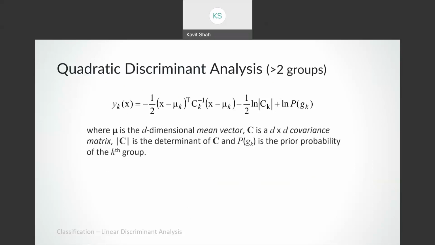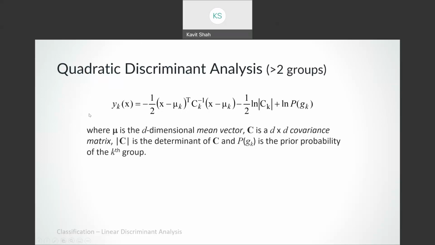So we could extrapolate the formula which we had for the Fisher LDA method for two classes into more than two classes, where suppose we are given a number of classes, and we want to classify the data set into those classes.